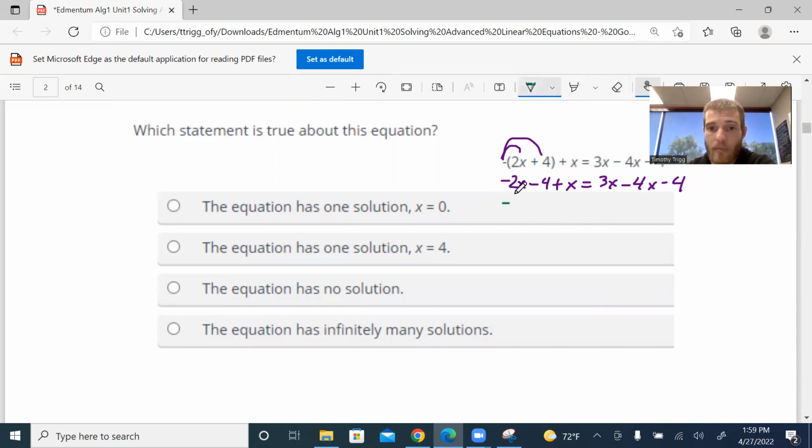This gives us negative 1x. We still have a minus 4 here. On the right side of the equation, we can combine this 3x minus 4x, since they both have x. And you just combine the coefficients. So 3 minus 4 is negative 1x, and then minus 4.